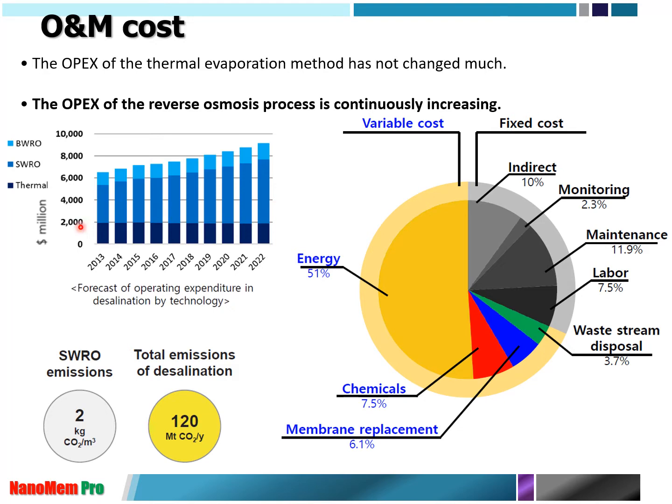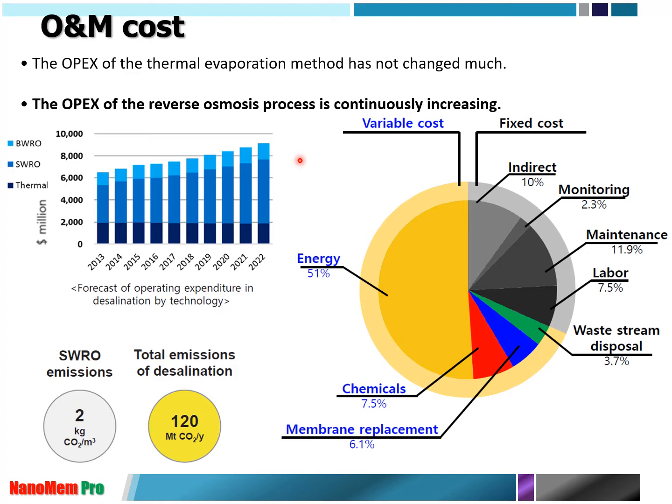So you can see the overall $2,000 million for evaporation method, and this is almost $6,000 million for operation cost of SWRO and then PWRO. So this SWRO also created a lot of CO2 production, 2 kilograms CO2 per 1 cubic meter of the desalinated water. So total emission of desalination would be 120 million tons CO2 per year.